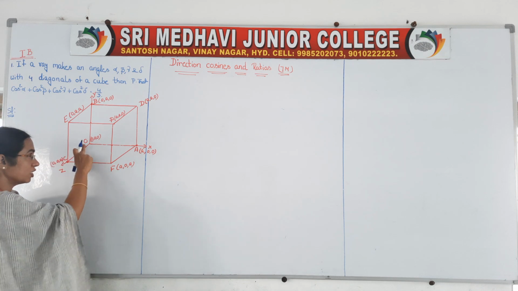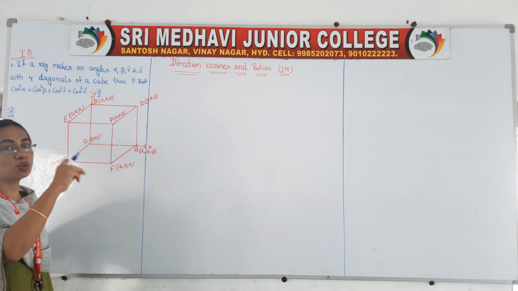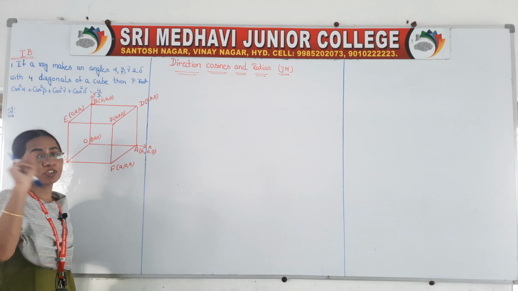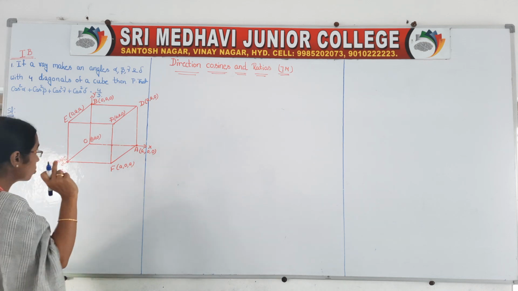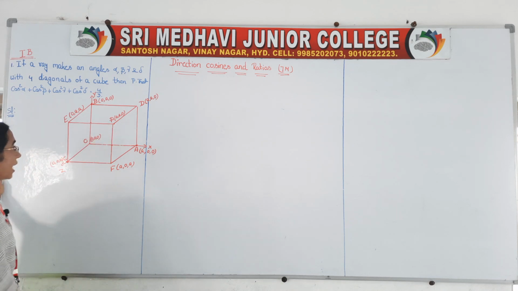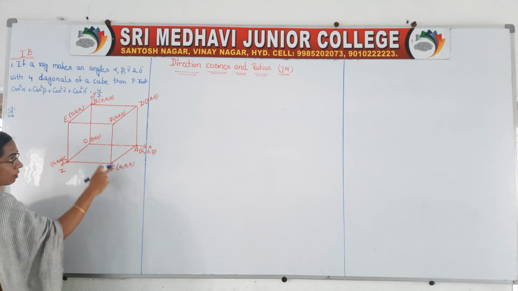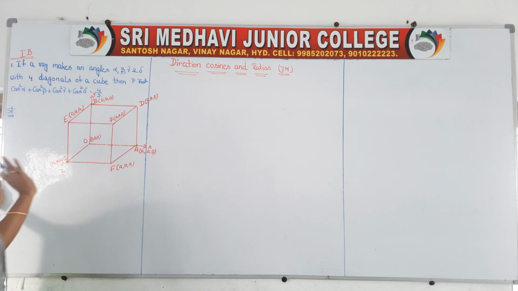Diagonal means a line joining the downward corner to the opposite side's upward corner point. Here OP is one diagonal, AE is another diagonal, BF is the third diagonal and CD is the fourth. We can draw 4 diagonals when the cube is there.